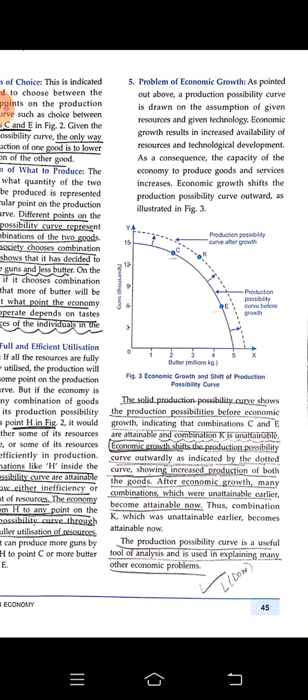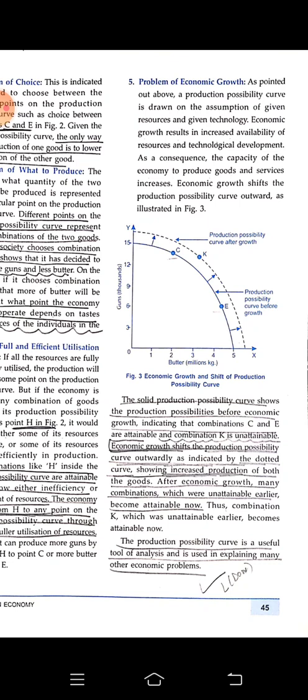The solid production possibility curve shows the production possible before economic growth. It indicates that combinations C and E are attainable and combination K is unattainable. So on the solid curve, C and E the producer can produce, but K is just beyond his reach because he is not having that much of resources.